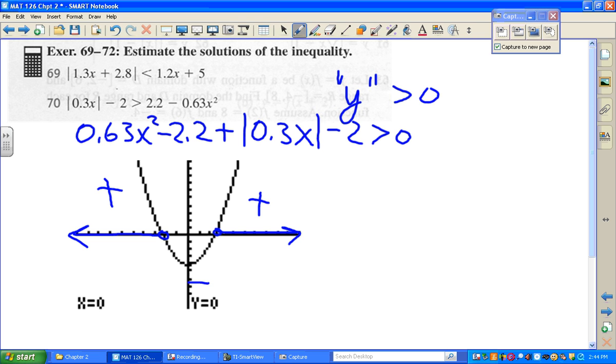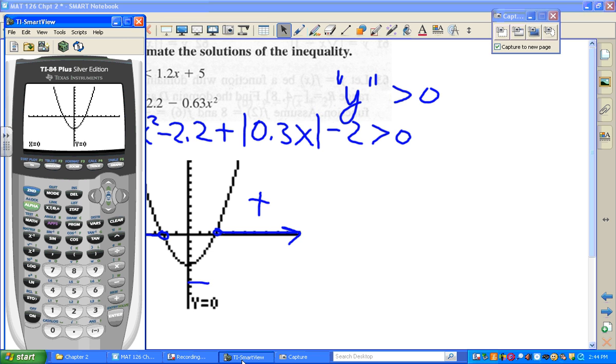All right, we're going to find those numbers now. Second, calculate. On my calculator, it's 0. On some other calculators, it might be root, or maybe x-intercept.